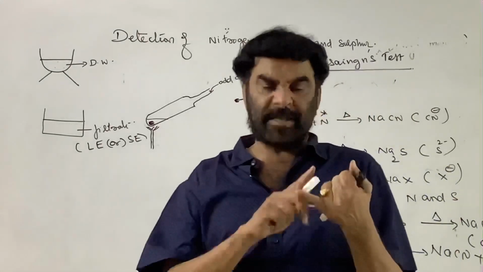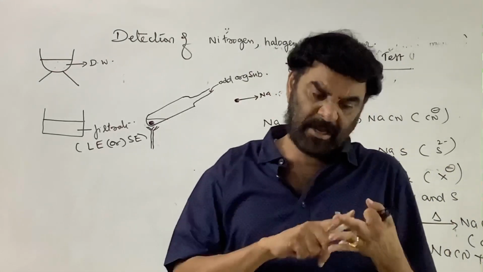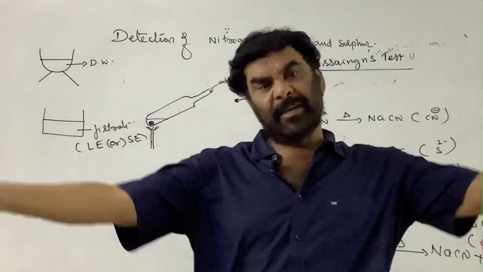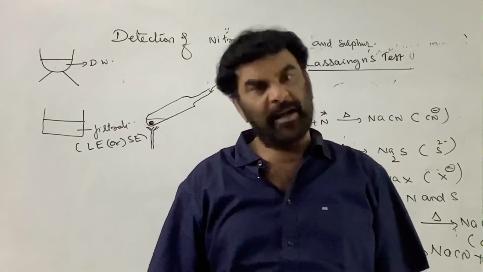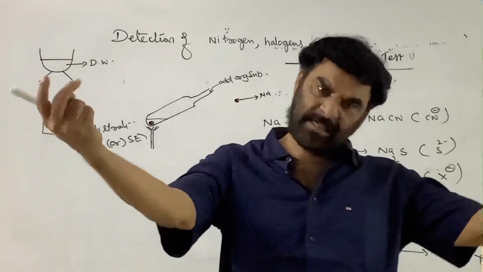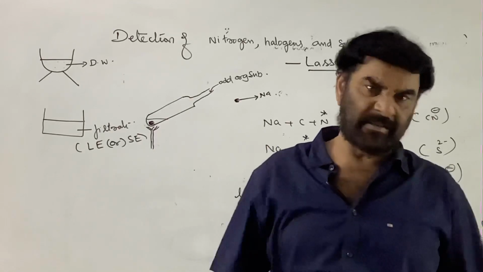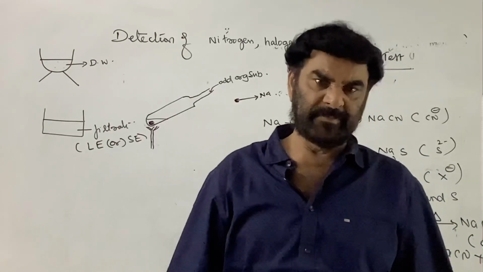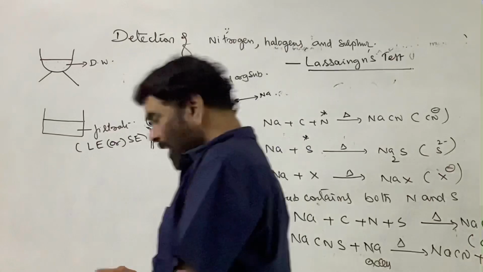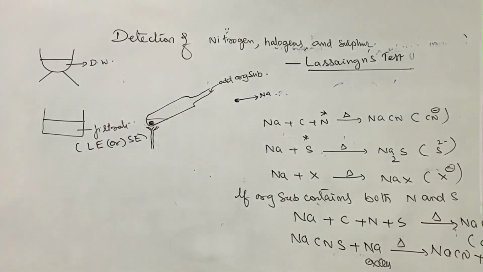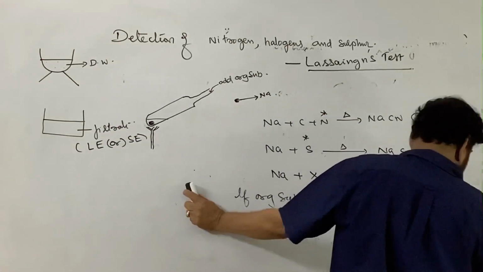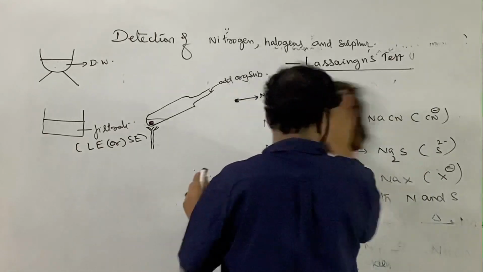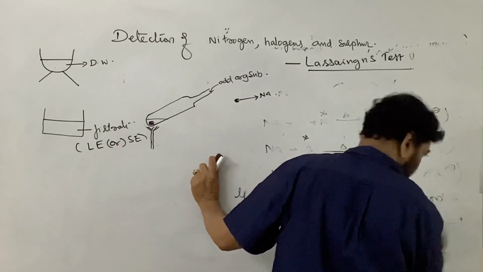If it gives the test for the cyanide ion, the sulfide ion, and the halide ion, then we say that the given organic compound contains nitrogen and sulfur as well as a halogen, and a specific halogen is present in the organic compound. Therefore, we now conduct tests on the Lassaigne's extract to detect the specific elements present in the given organic substance.